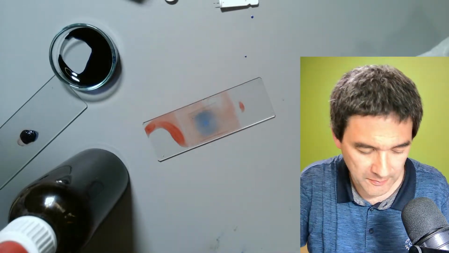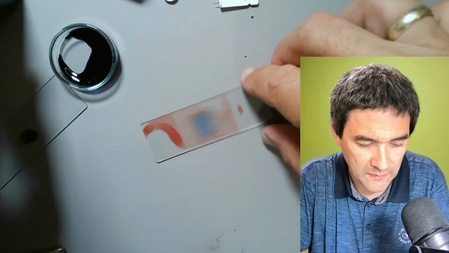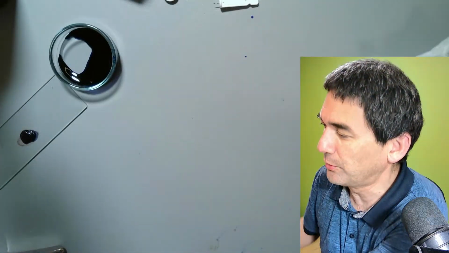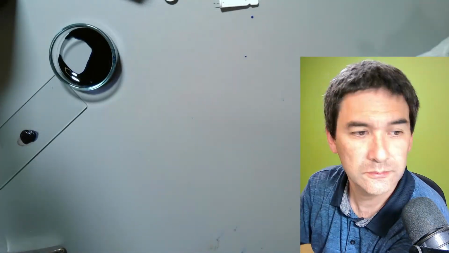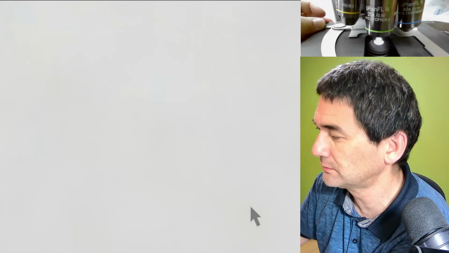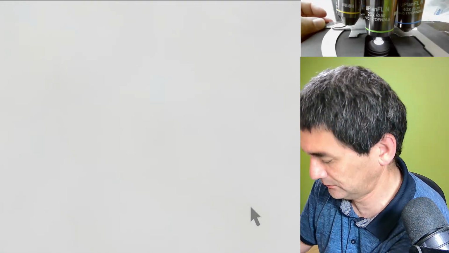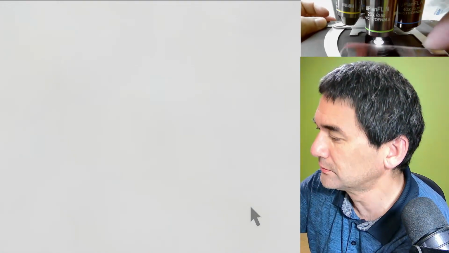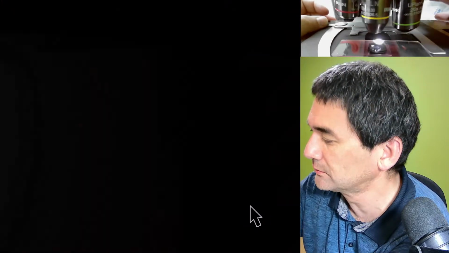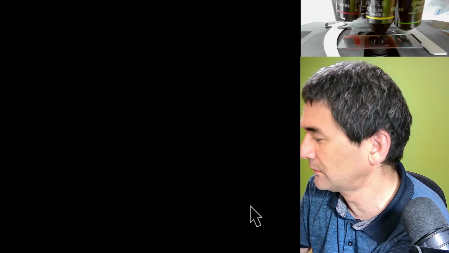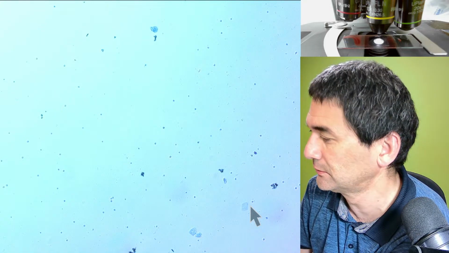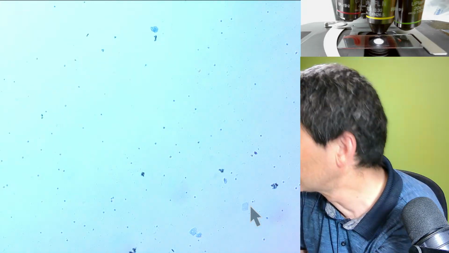Okay. And it goes again under the microscope. Okay, I have to remove the phase contrast filter. Just a second.